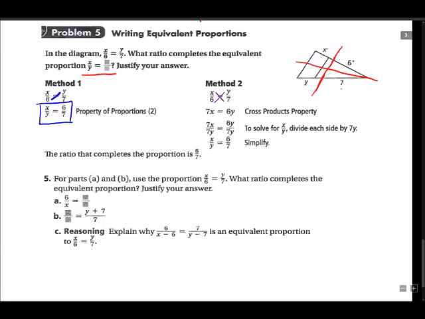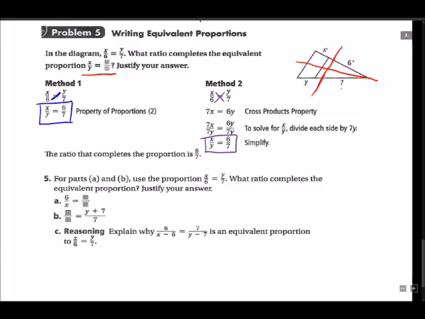And I get 7 times x equals 6 times y. And then I'm going to divide both sides by 7 and get x by itself. And then I'm going to divide both sides by y to get y back here. My y's cancel, my 7's cancel. And I just get x over y equals 6 over 7. So we've seen this now 3 different ways.